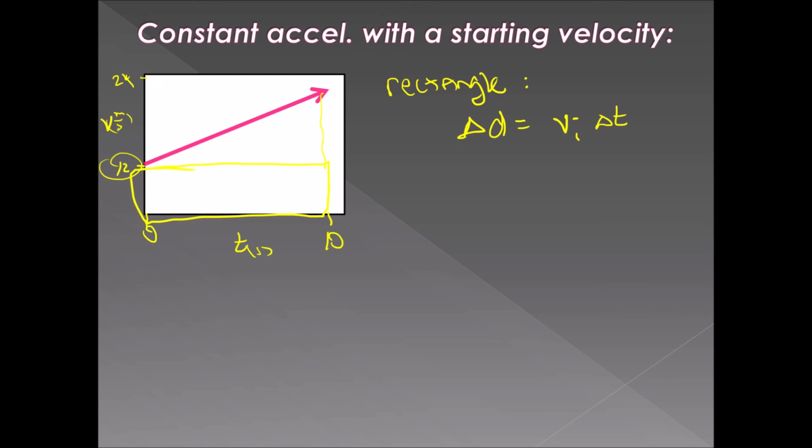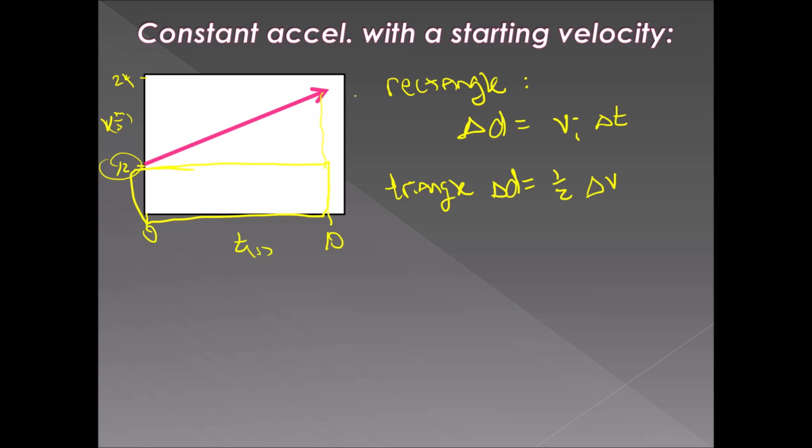To find the total displacement, though, for the object as it's accelerating, we also have to add the portion in which it was accelerating. So the top part is a triangle. For the triangle, we're going to add this displacement, 1/2 change in velocity.